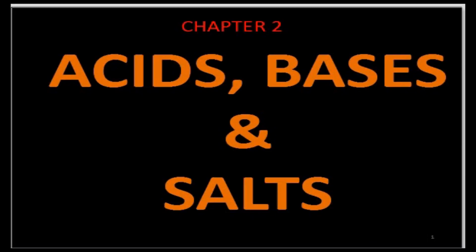Before we go to the lesson, let's know what is the need for studying this chapter, Acids, Bases and Salts. Acids and bases are very essential to the human body to regulate proper blood circulation and to balance the pH levels. Unbalanced acids and bases can cause many problems.